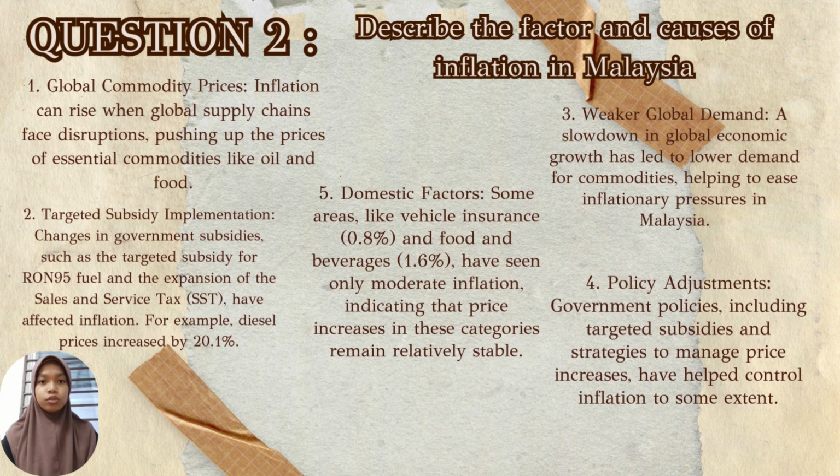The recent shift to targeted subsidies for RON95 petrol and diesel has led to price increases, particularly for diesel, which saw a rise of 20.1% since diesel is widely used for transportation, logistics, and industry. This increase has affected the overall cost of goods and services.